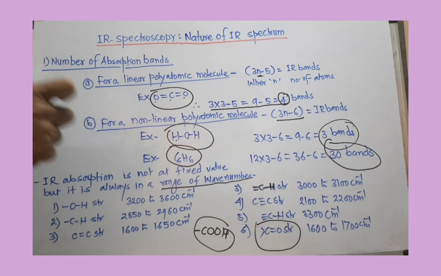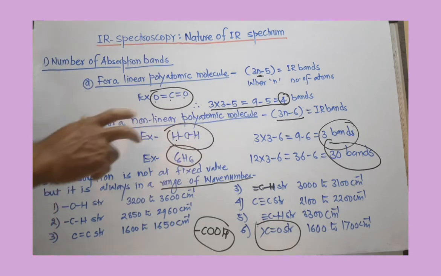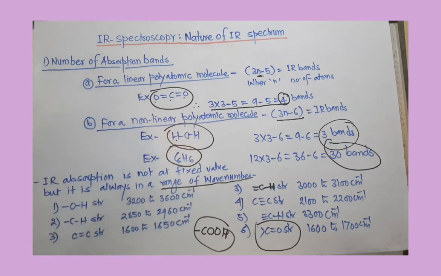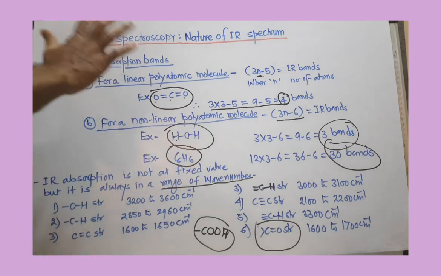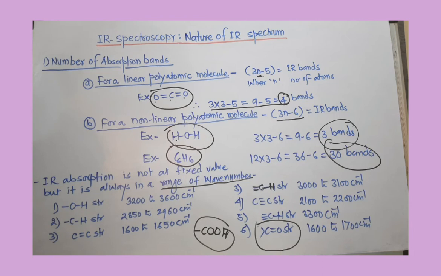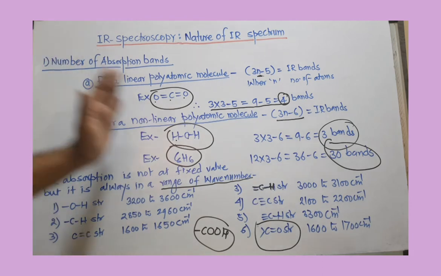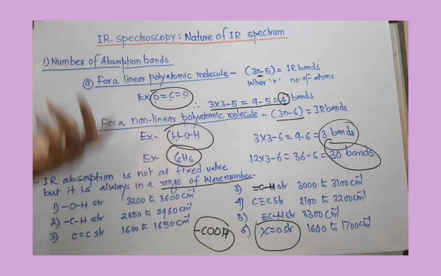Bond strength is also responsible for the absorption. So we have to consider many factors to predict the structure of the molecule. But in this way, you can go ahead to find out the structure of the molecule or to understand IR spectroscopy. Thank you.